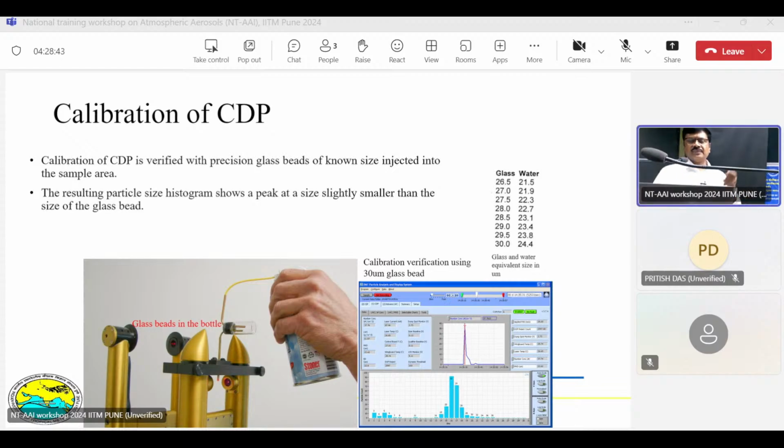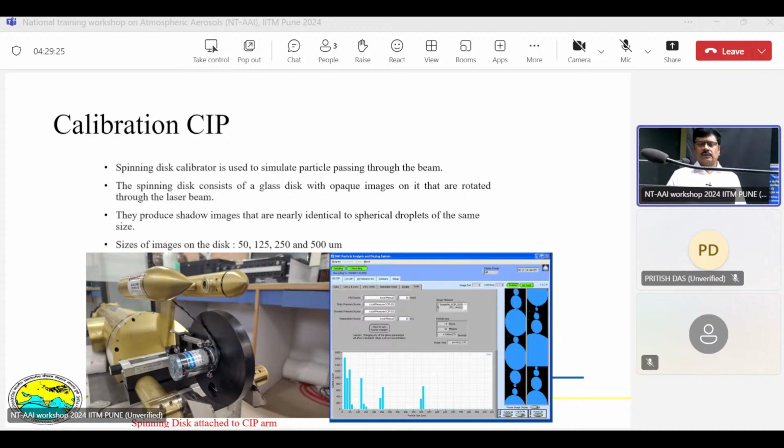Then you will see what you observe in your probe output, what kind of droplet sizes you are observing. Because we are using glass beads, and glass bead size and the water sizes may not be the same, right? So it will have different values. So it has to be calibrated from this histogram. Okay, we have a known size of glass bead introduced, so what kind of size distribution, what sizes we are getting.